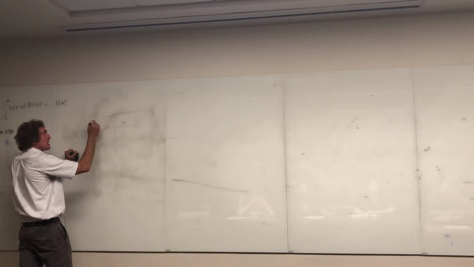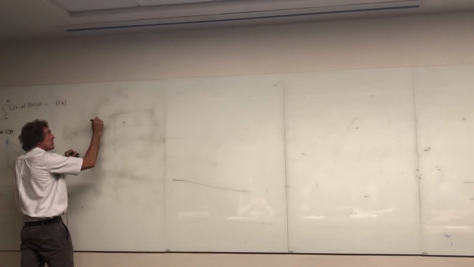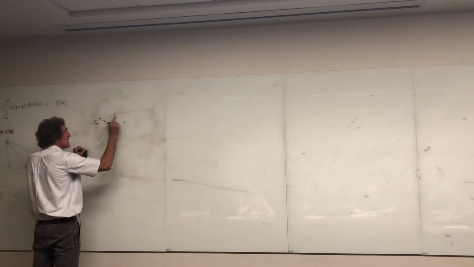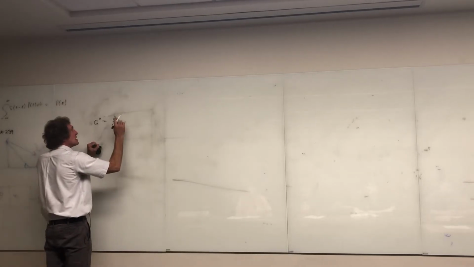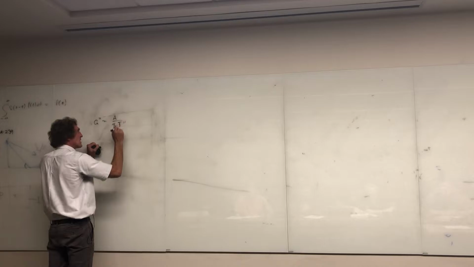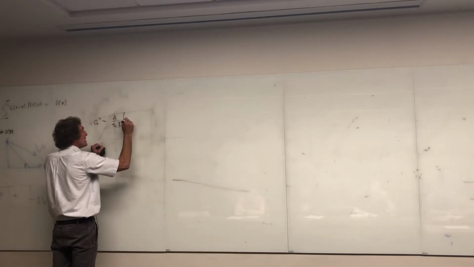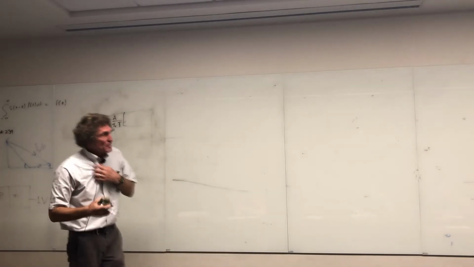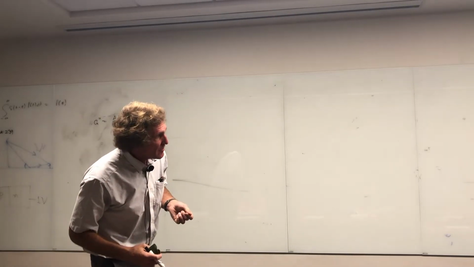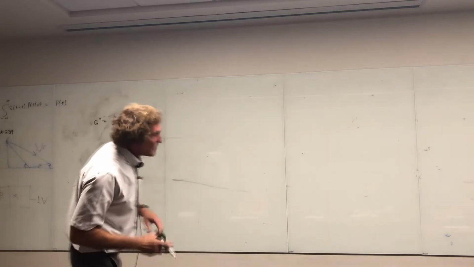I have that. So now I have my Cn double prime equal to A over tau rise tau. All right, sorry, T, pardon me. Tau rise times T. And then we have those terms, the 1 minus e to the minus j n omega naught tau rise and 1 minus e to the minus j n omega naught tau.